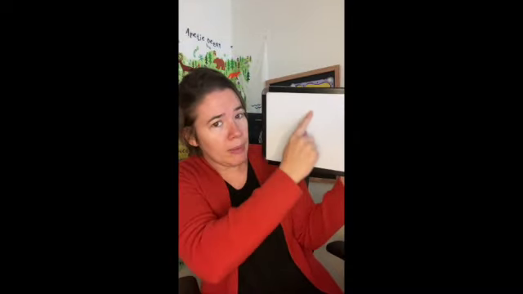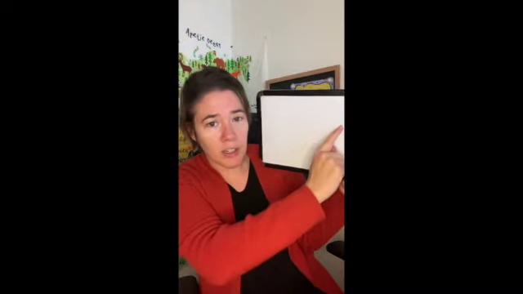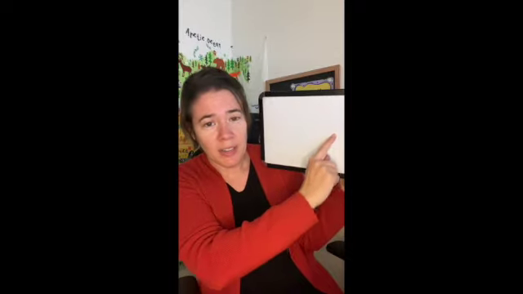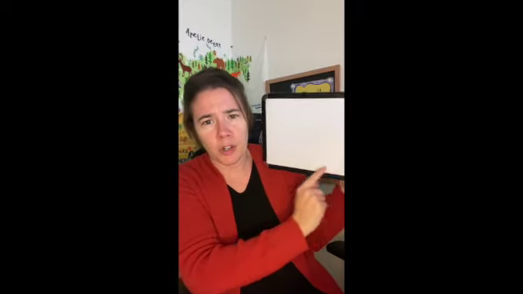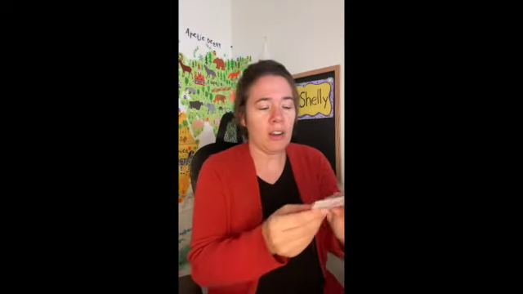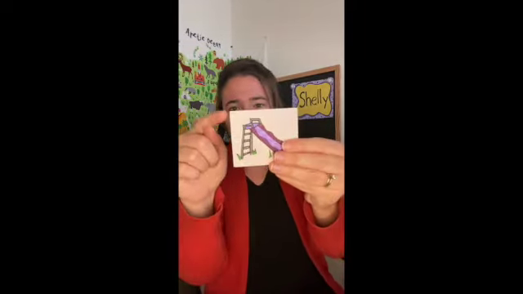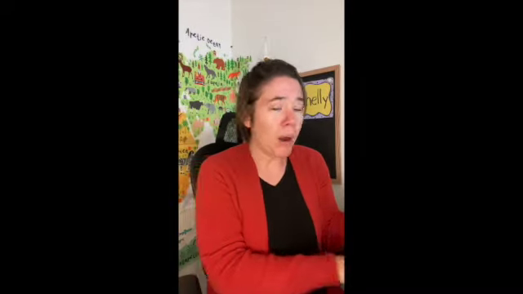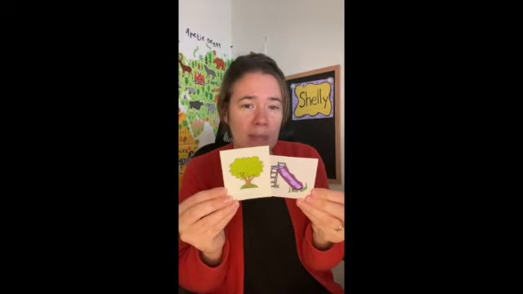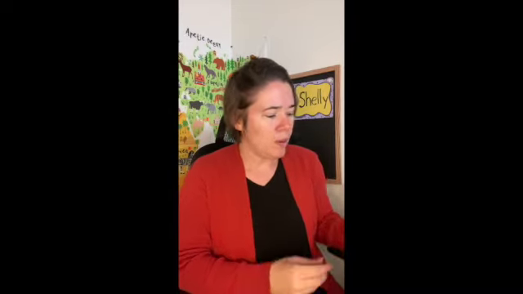I'll draw some apartments and a street and make it turn, or a sidewalk and make it turn, and I'll be able to circle corner. Or I'll hold up a card like this and say corner right here. Park is a word. I usually have my tree and my slide and just talk about the park like that. And they will also learn car.